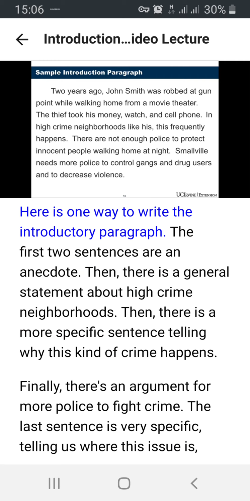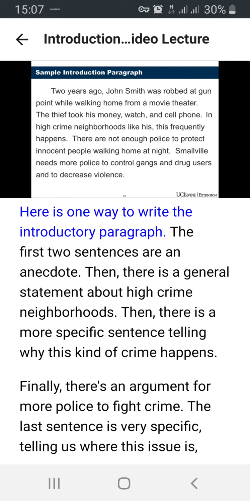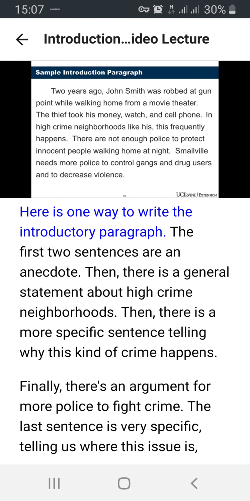Here is one way to write the introductory paragraph. The first 2 sentences are an anecdote.